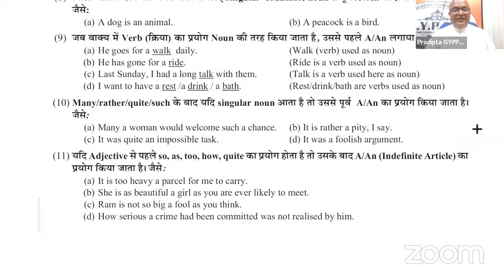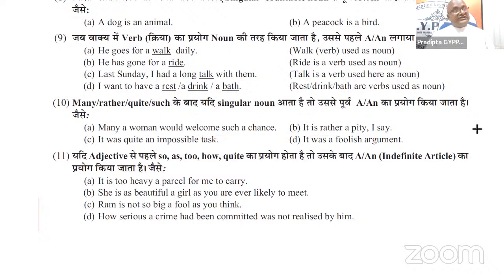Chalo, anyway. Next, sometimes we use so as to, how, quite, but they are used before the adjective. In the previous one, we learned quite an impossible task, but this time, too heavy a parcel. How beautiful a girl.